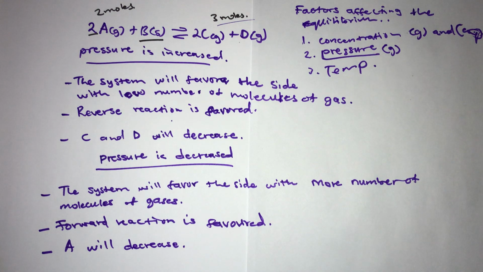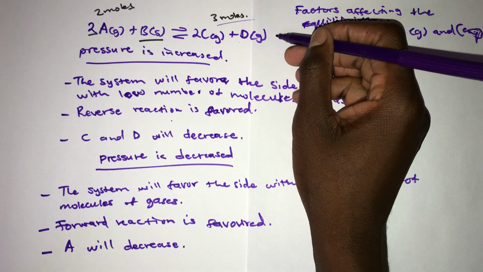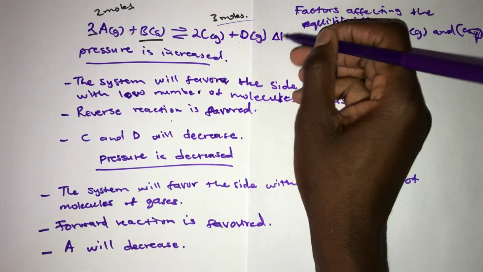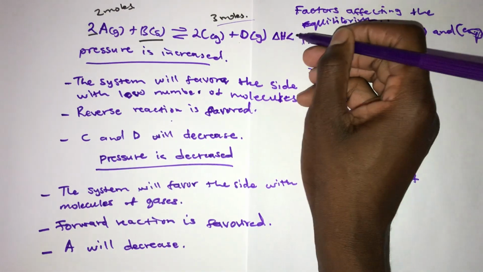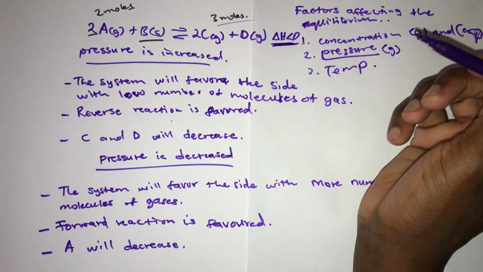Now let's talk about the temperature. I didn't say anything about the condition. The condition is delta H is less than 0, or the heat is less than 0.